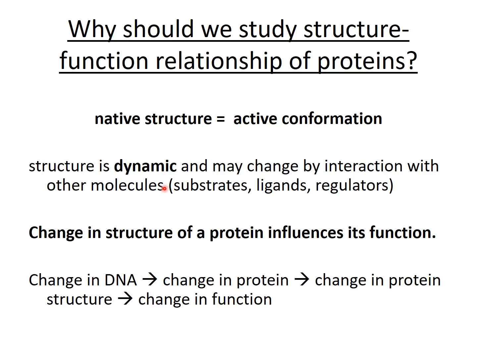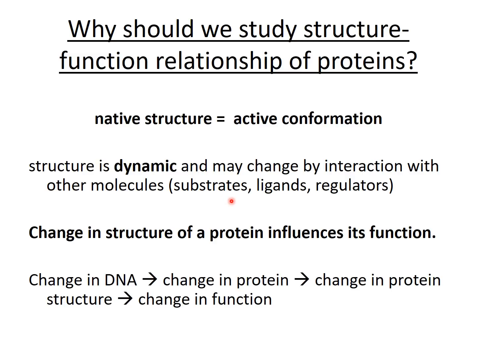This is what you saw in the globular proteins, for example, in hemoglobin: if hemoglobin binds a molecule, it can change the structure, and then it can bind oxygen or release oxygen.